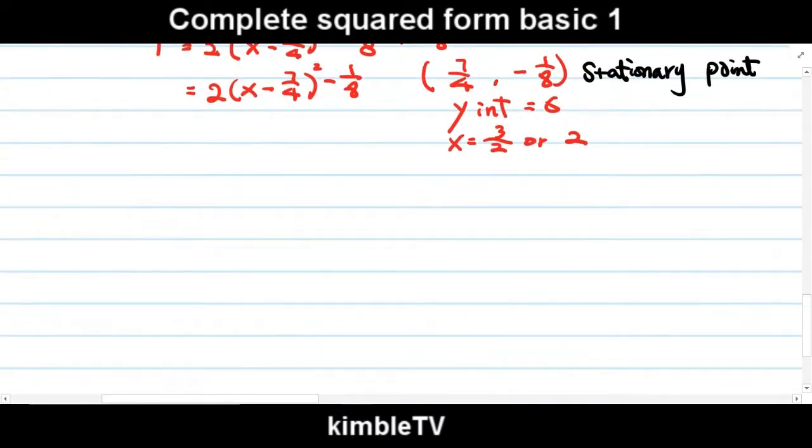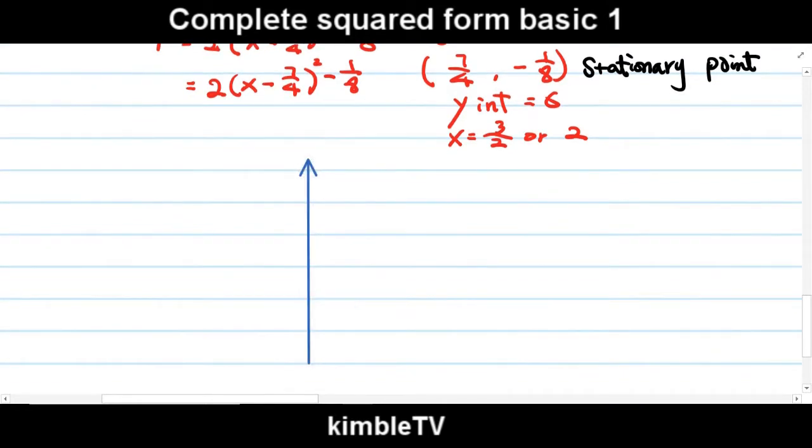We draw the parabola, the y-axis and the x-axis.